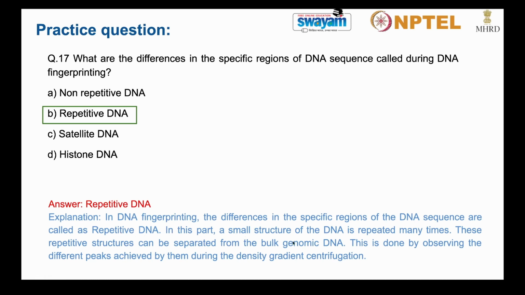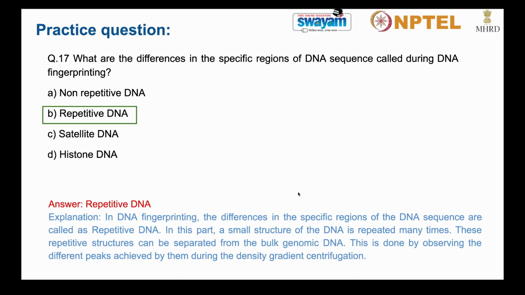In this part, a small structure of DNA is repeated many times, and these repetitive structures can be separated from the bulk genomic DNA, and this is done by observing the different peaks achieved by them during density gradient centrifugation. So different peaks are observed on the basis of the number of repeats and the size of the particular DNA sequence.